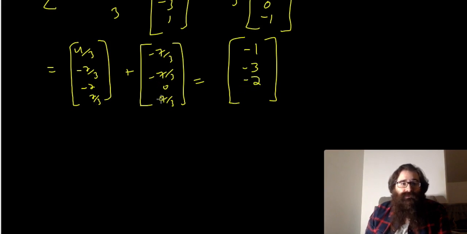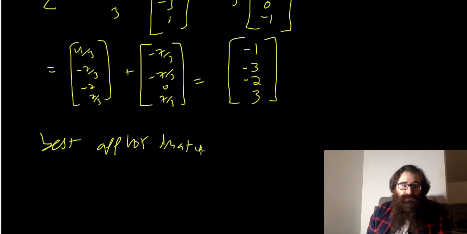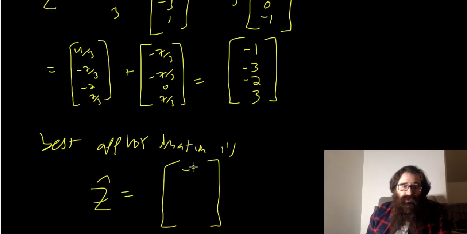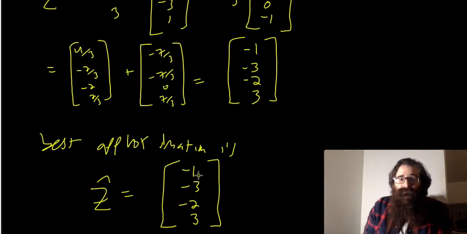And 7/3 plus 2/3 is going to give me 9/3, which is 3. So this is going to be my best approximation. So the best approximation is this vector z hat, which we just found is the vector negative 1, negative 3, negative 2, positive 3. And that's it.